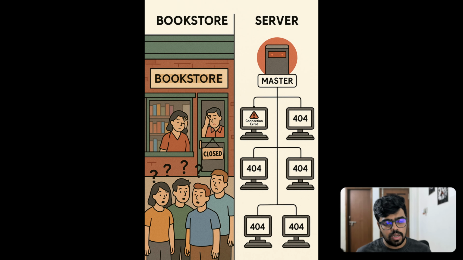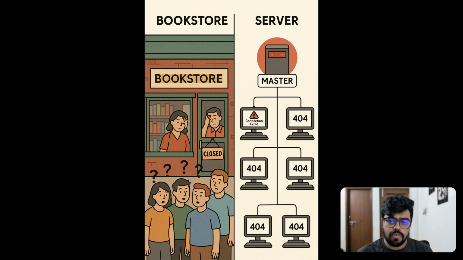Next, second problem is single point of failure. In the original bookstore, you as the owner knew everything, basically where exactly each book is kept, and customers would come and ask you, and you would fetch that particular book from the particular shelf. Now let's assume a scenario where you fall sick. Maybe you send someone else, but that person doesn't know very well.